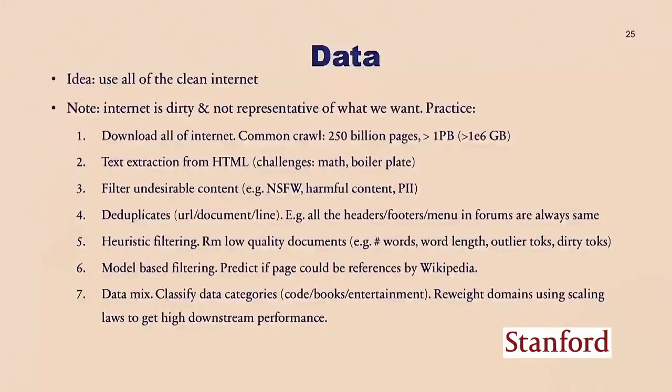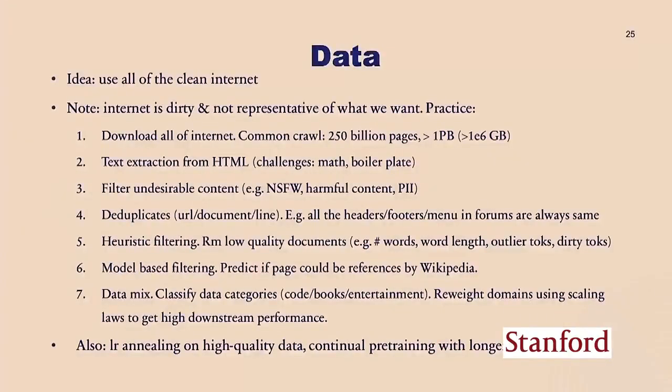If you train your model more on code, it helps reasoning. So you want to upweight the coding distribution because that helps for general language modeling skills. Books is usually another one that people upweight. Entertainment, they usually downweight. Of course, people used to do this heuristically. Now there are entire pipelines, which we'll talk about, for how to do these things slightly more automatically.